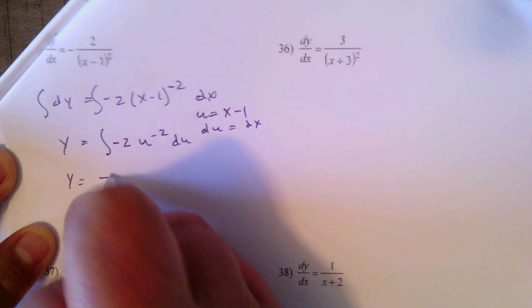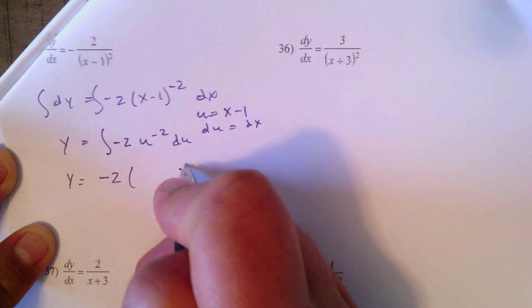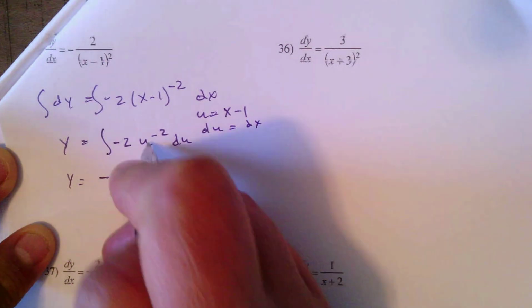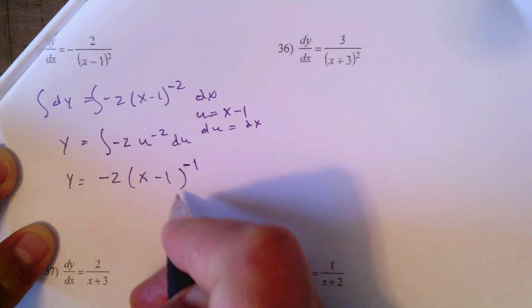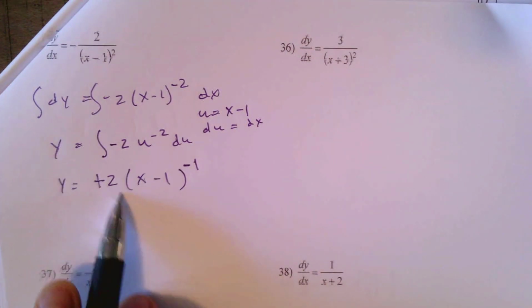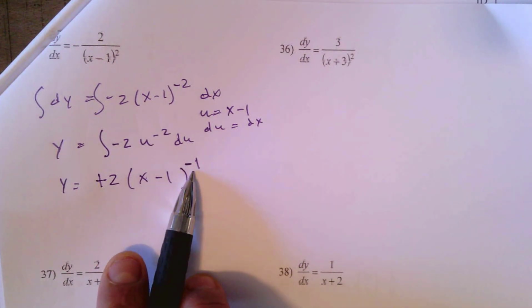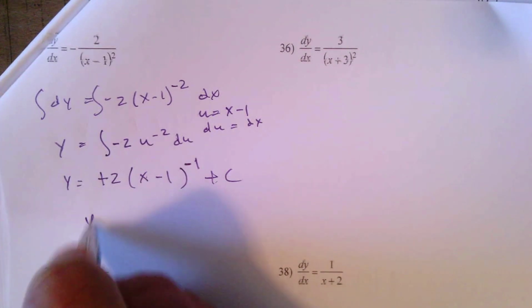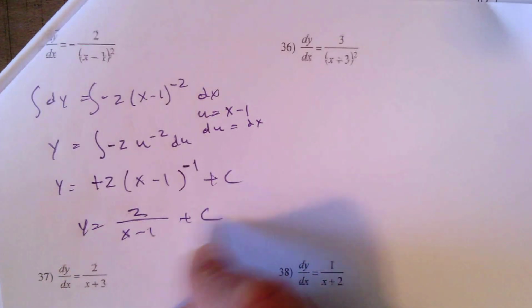We're going to have negative 2, and then we bump it up to u to the negative 1, so that's x minus 1 divided by negative 1. That changes it to a positive. So we end up with 2 times x minus 1 to the negative 1 plus c, which we could write as 2 over x minus 1 plus c.